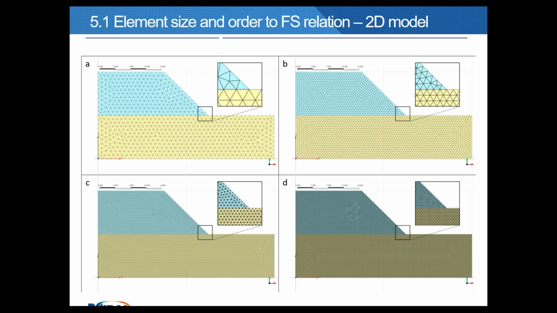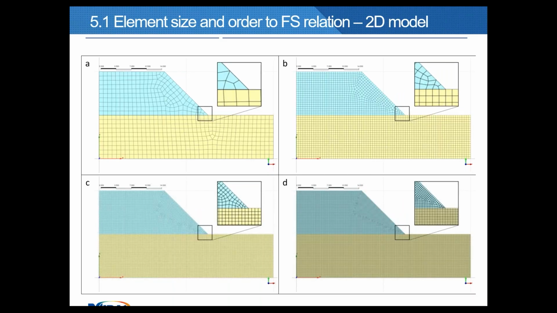In this coarse mesh, we have about 10 elements per height of slope, and 20 elements in this model, 40 elements in this, and about 80 elements in this model. And these are meshes for triangle elements, also the same meshes, but for quadrilateral elements.